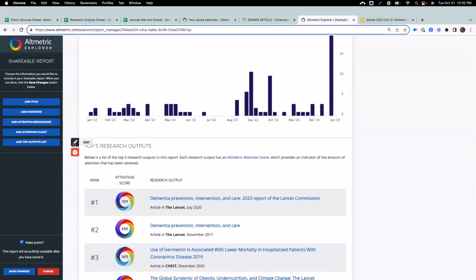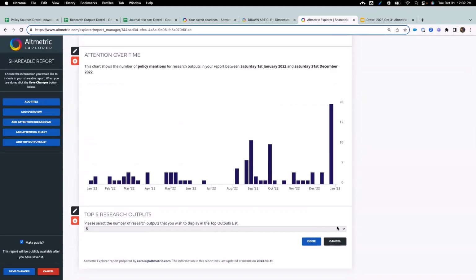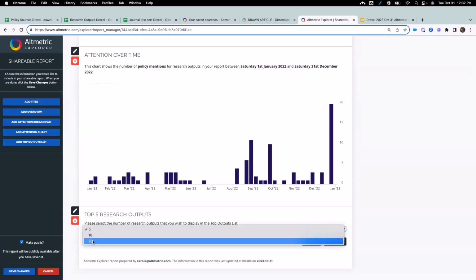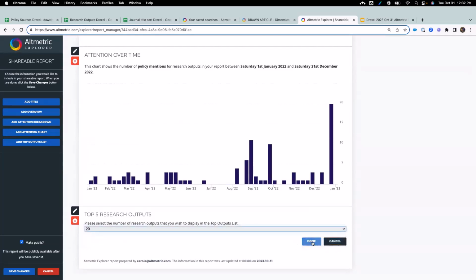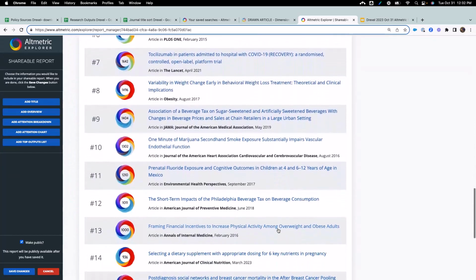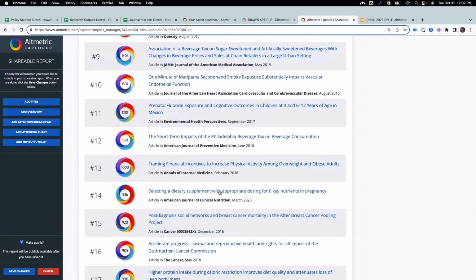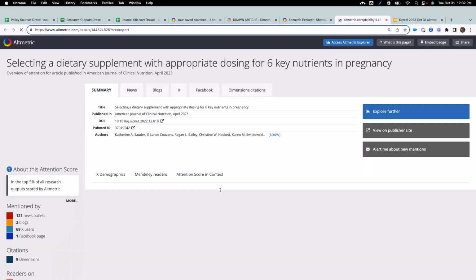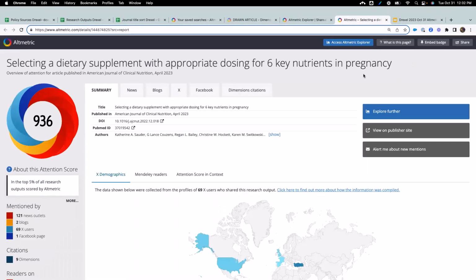But we can also say, okay, we don't want just the top 5, you can have up to the top 20. So now you'll see the top 20 research outputs, and you can always link to these. So even if someone doesn't go into the Explorer themselves, they can link to these, and it will take them to this particular page, where they can click on Access Altmetric Explorer, and they can then go into the product itself.